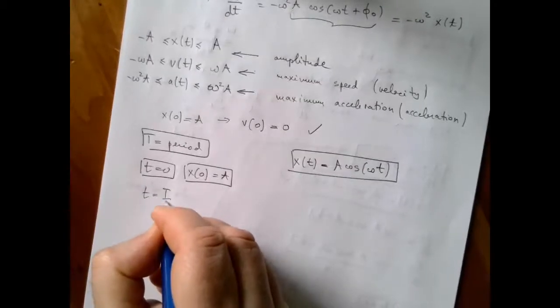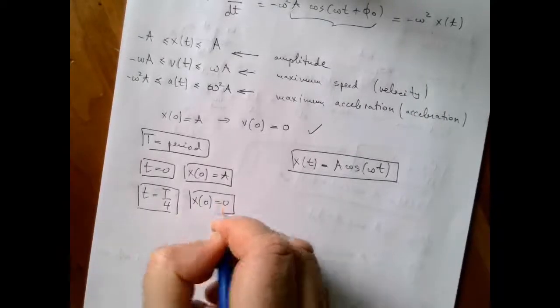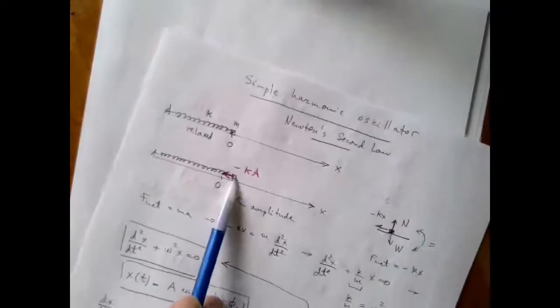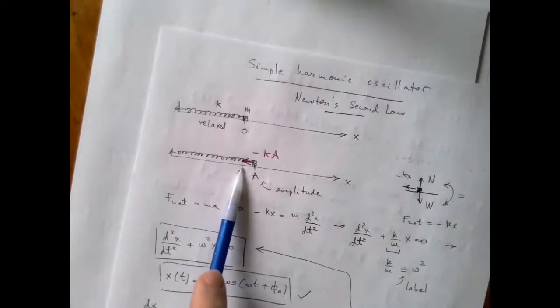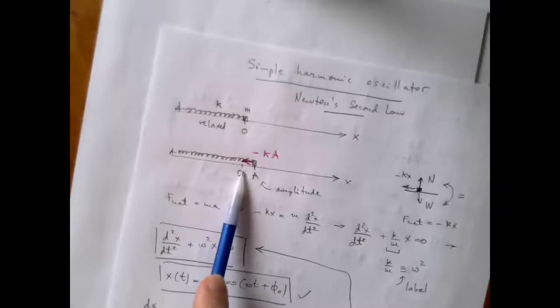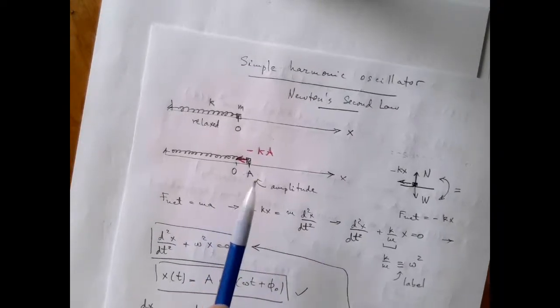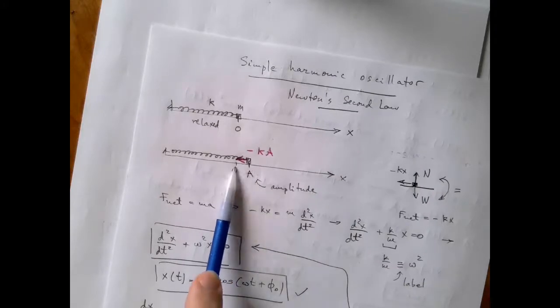At a time equal to a quarter of a period, the object will be at 0. Why is that? I release the object here. In a quarter of a period it will be here. In another quarter of a period it will be here. In another quarter it will be back. And after 4 quarters it is back to where it started. So going from here to here will take the object a quarter of a period. So if I find this time and multiply by 4, I find the period.